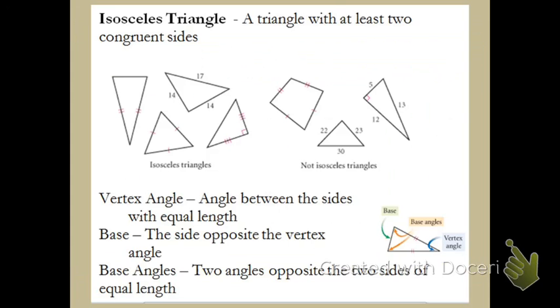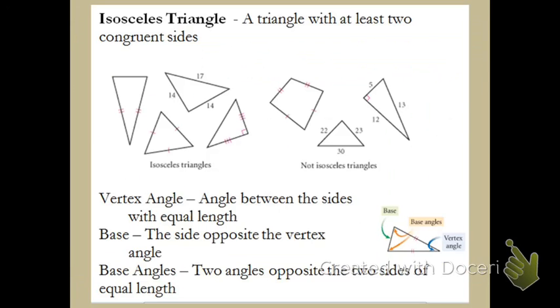And then the last type of triangle that we'll learn about, the way to classify it by their sides, is an isosceles triangle. And that's a triangle with at least two congruent sides. So, you can have isosceles triangles which are equilateral triangles, but not all isosceles triangles are equilateral triangles. So if a triangle is equilateral, it's isosceles.